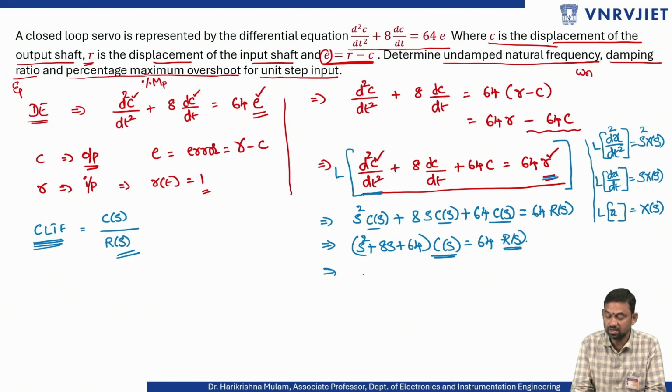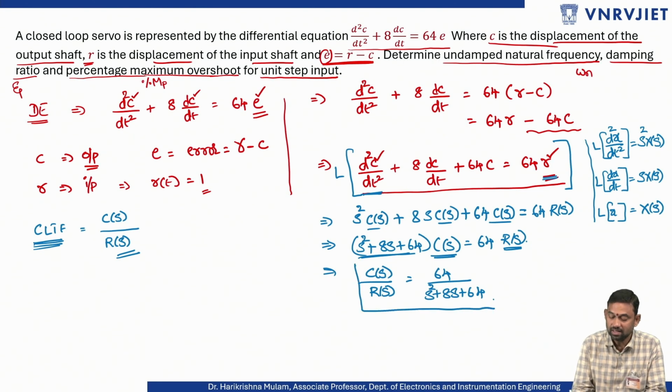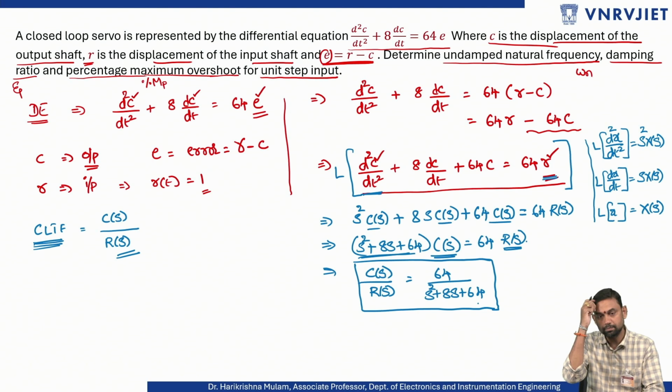Bring this R of s to the left hand side, so that it becomes C of s by R of s equal to 64 by s square plus 8s plus 64, as this term will go to the denominator on the right hand side. This is the closed loop transfer function of this system.